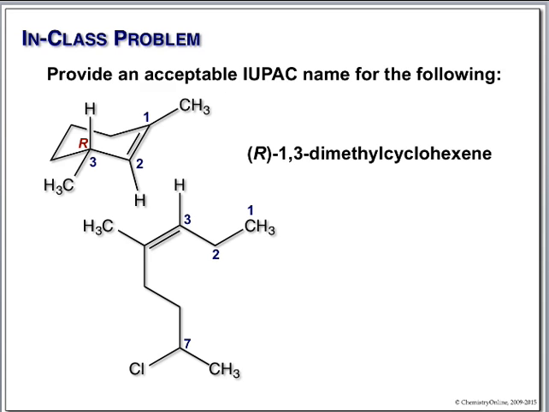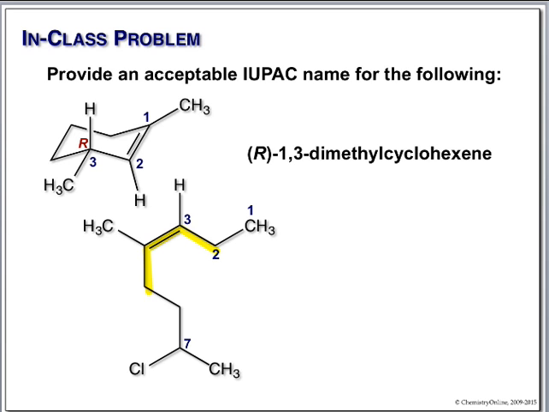How about stereochemistry? For carbon 3, this carbon is going to be highest priority, right? We're going to start here. For this guy, we have a carbon on both, but this is a CH3, and this guy has a carbon attached. So we're going to go like this.